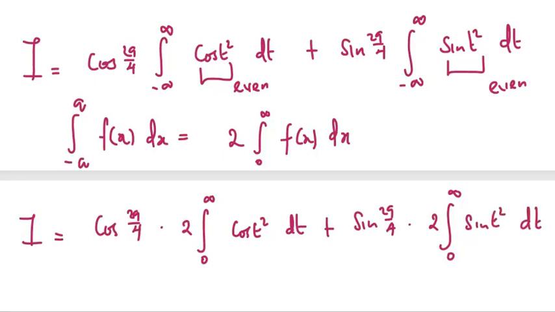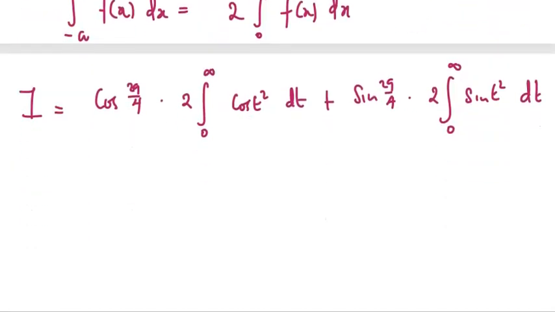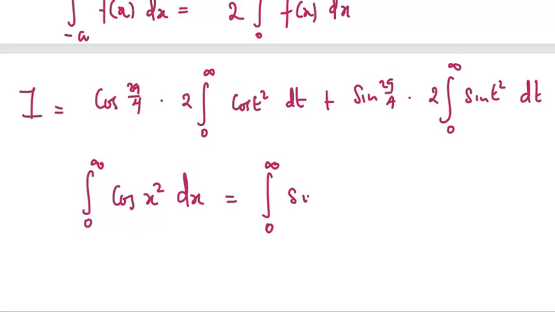And we know from our previous video, using the Mellin transform, we found out that the integral from 0 to infinity of cosine of x squared dx has the same value as the integral from 0 to infinity of sine of x squared dx, which gives us square root of pi divided by 2 root of 2.